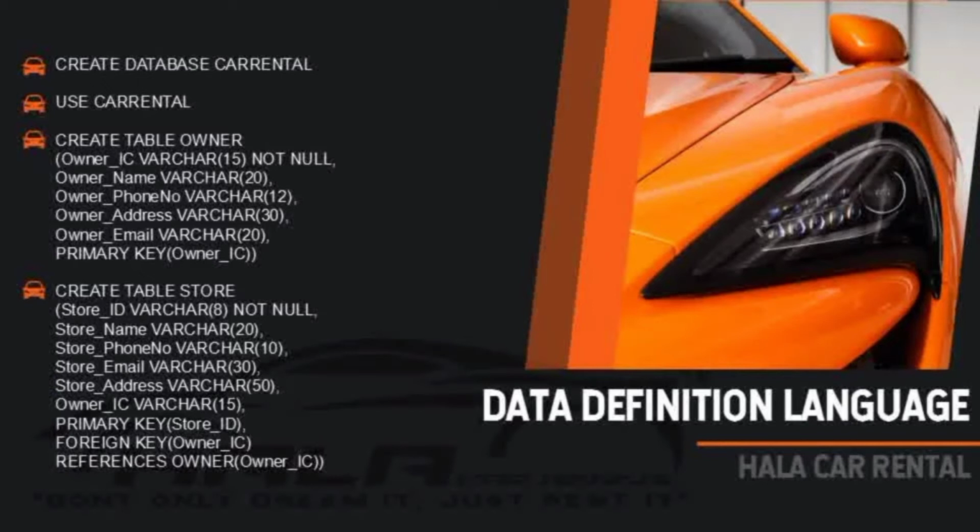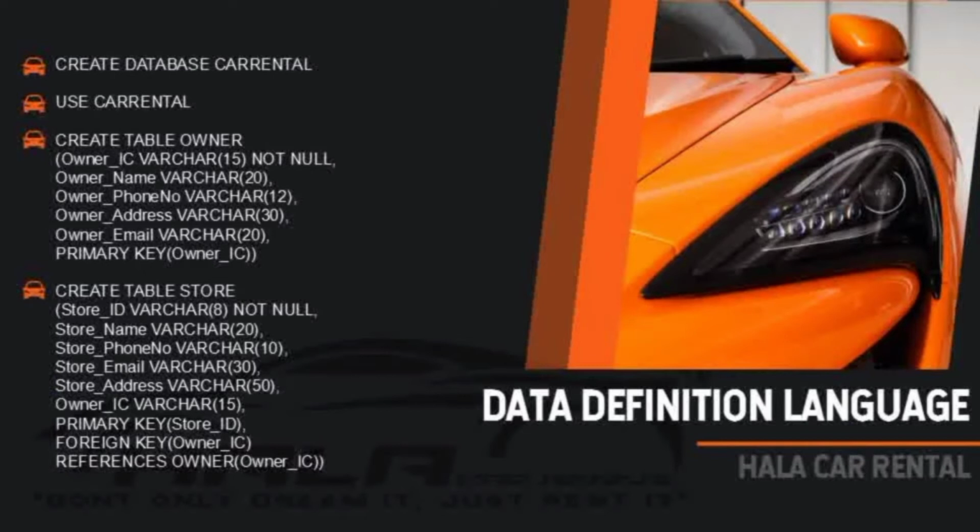Next, we apply the same method to all of the attributes in the owner table. Lastly, when we create this owner table structure, we set the stage for the enforcement of entity integrity rules by using primary key in brackets owner IC. Then, for the next tables, we apply the same method based on the data from the ERD.